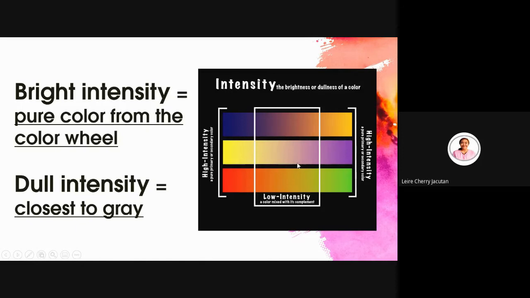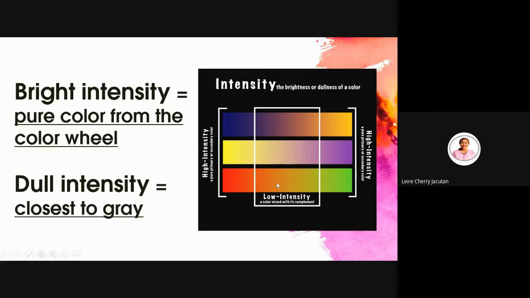Ito yung mga special na colors na minsan nakita natin sa mga damit o sa mga iba't ibang artworks, napoproduce yan by adding gray dun sa mismong color. So, pwede nyo yan pag-practicean. Instead na yung usual lang na color mixing na ginagawa natin na malapit lang sa color wheel yung pinagsasama-sama natin, pwede nyo gawin yun.